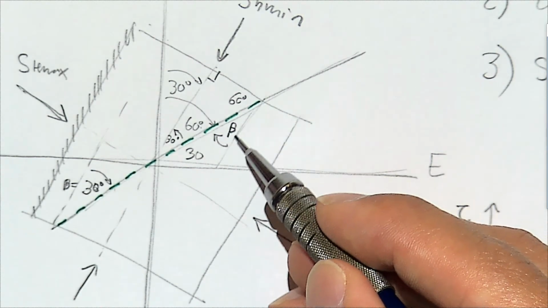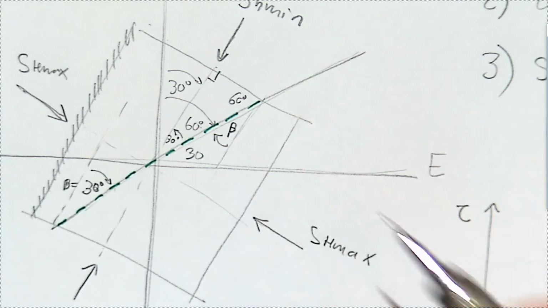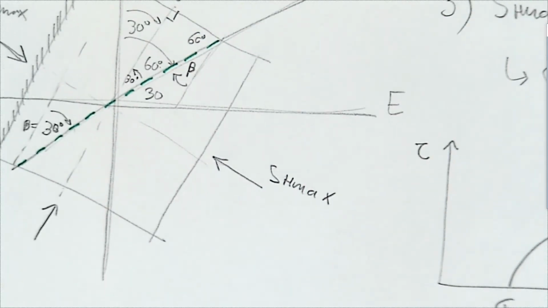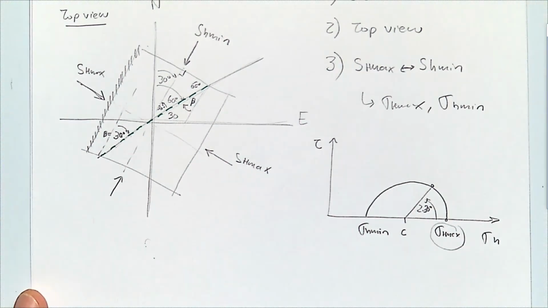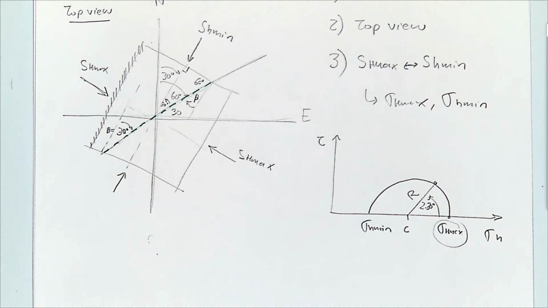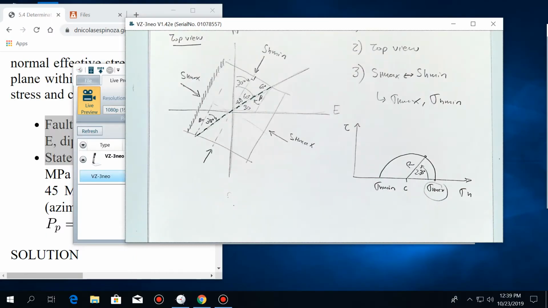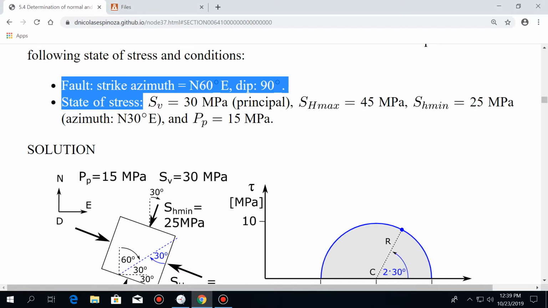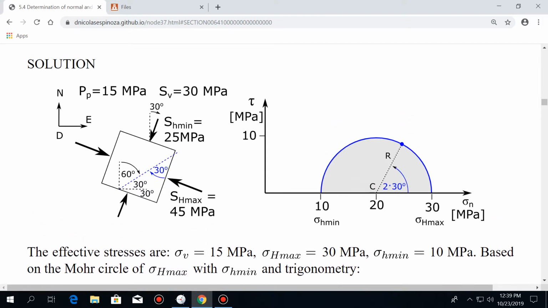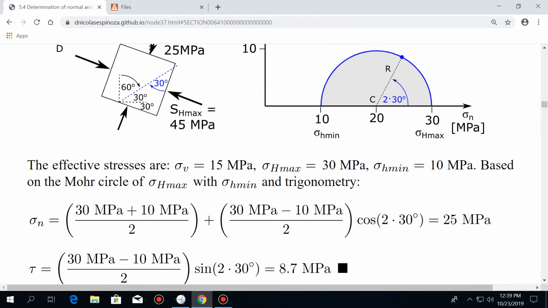And because this one is a parallel line with respect to that one, this one must be 30. So it's all rules of complementary angles. And therefore, what you need to look for here is a point somewhere over there, 2 times 30 degrees. And you know the center, you know the radius, you can solve that. And in fact, here you have the solution of the same problem and what are the values of those stresses.